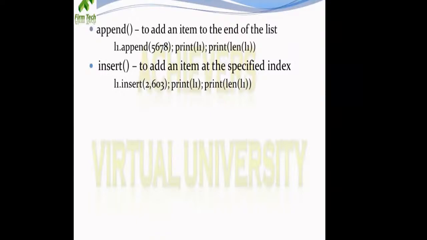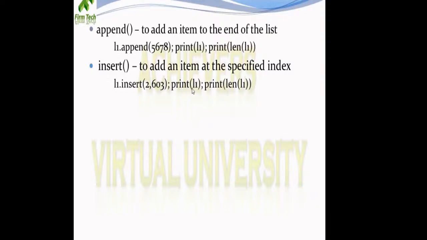In the previous case, append will add it to the end of the list. But if you want to add it to a specified index, you should use the insert method. So our list name and then insert of the index number followed by the item to be inserted.